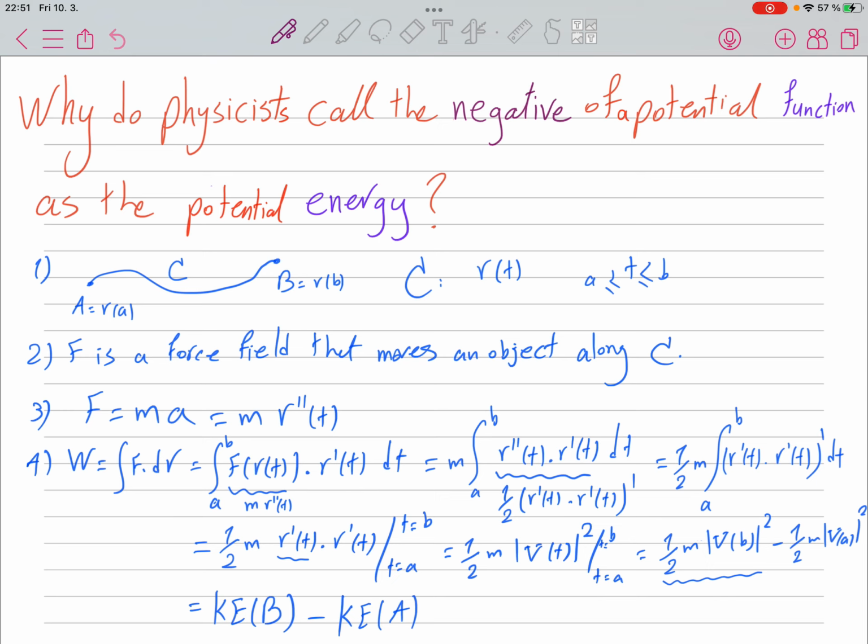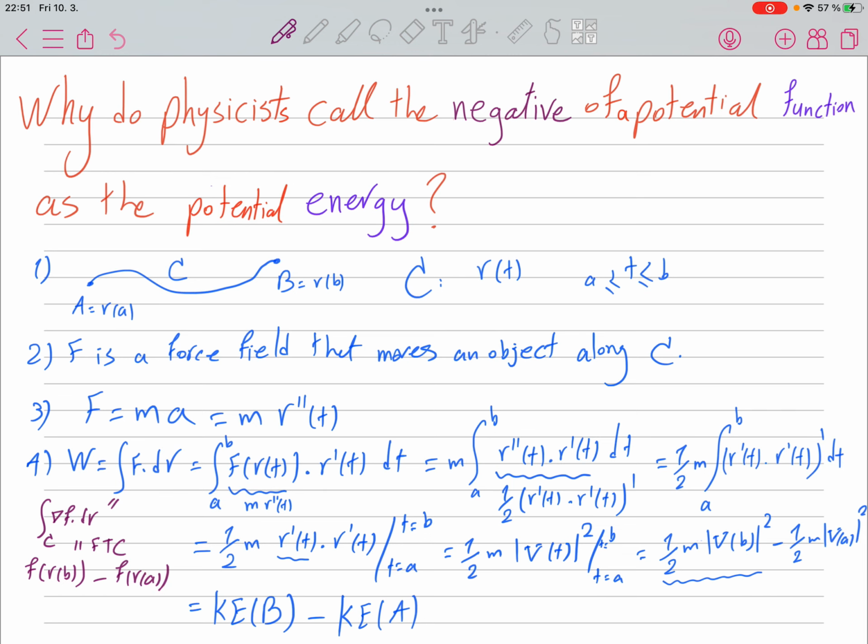Okay, now on the other hand, suppose that F is conservative. If F is conservative, then this integral is going to be the integral of the gradient of f dot dr over C. And now, based on the fundamental theorem of calculus for line integrals, this is going to be f of R of b minus f of R of a, right?